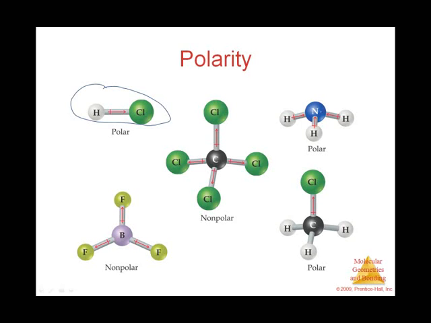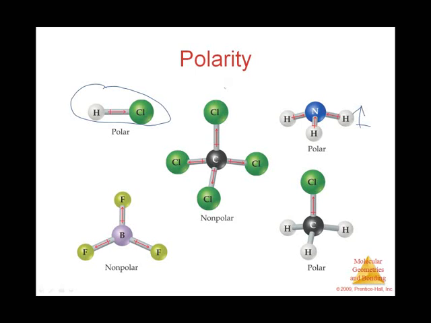But this is a polar molecule because if I add these dipoles together, the dipole faces that direction. Here I have a symmetrical shape. I have dipoles on each of the 3 bonded atoms. They're all facing the same direction. If I add these three vectors together, I'm going to get 0. So this becomes nonpolar.